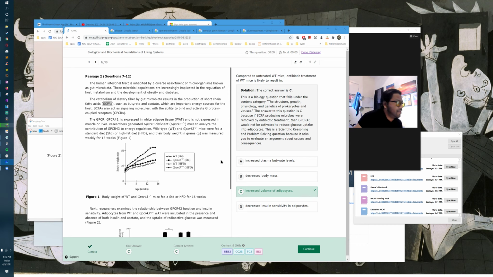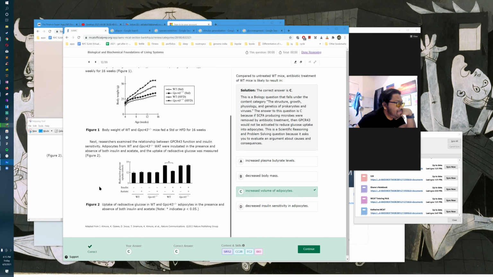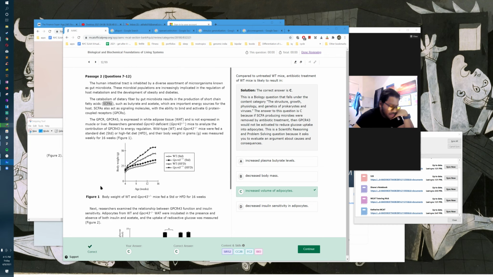So now, antibiotics would destroy the fiber, I mean, sorry, the production of short chain fatty acids. Examine the relationship between GPCR function and insulin sensitivity. So A is out, decreased body mass.